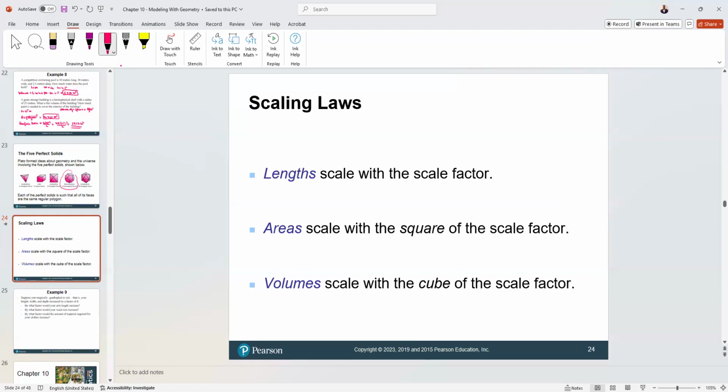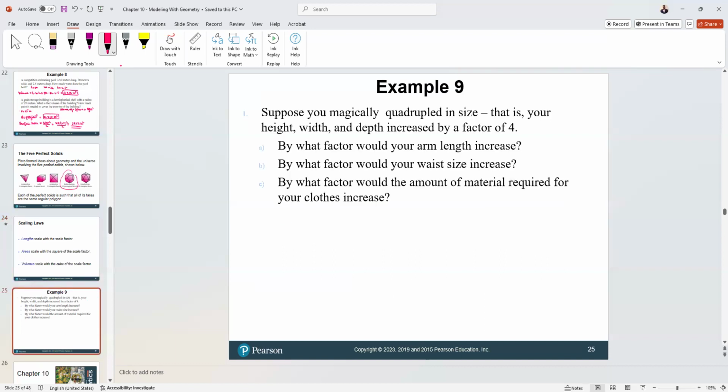With scaling laws, length scales with the scale factor, area scales with the square of the scale factor, and volume with the cube of the scale factor. So feel free to come back and do these types of examples. I'm just going to do one of these for you.